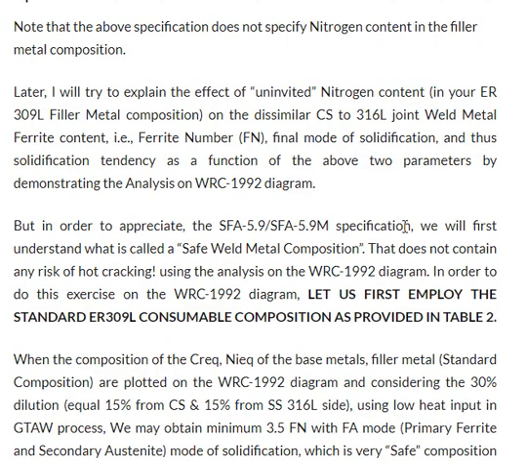So we need to understand the effect of this uninvited nitrogen content that comes through the filler metal composition on the dissimilar joints between carbon steel and stainless steel weld metal ferrite content. Weld metal ferrite content, the final mode of solidification and solidification tendency, this analysis can be done by the WRC 1992 diagram.